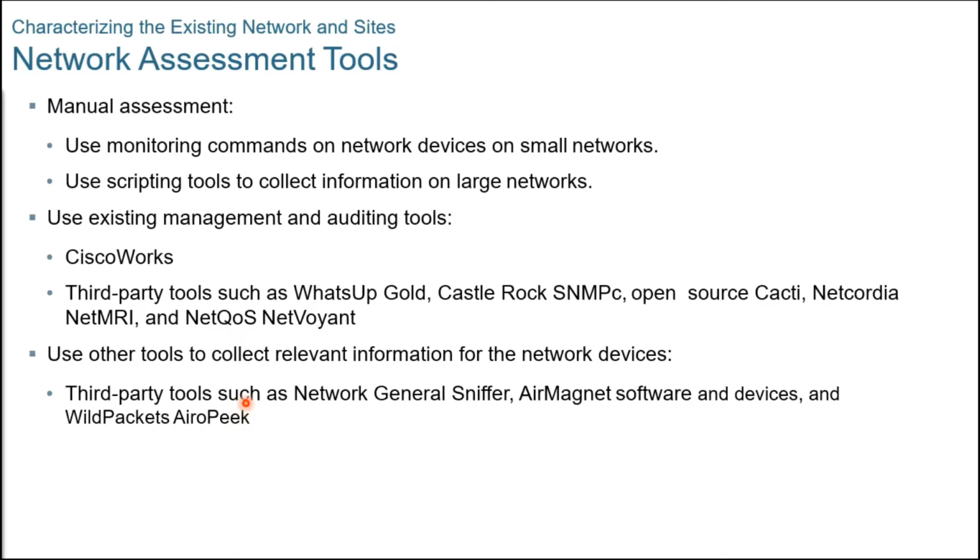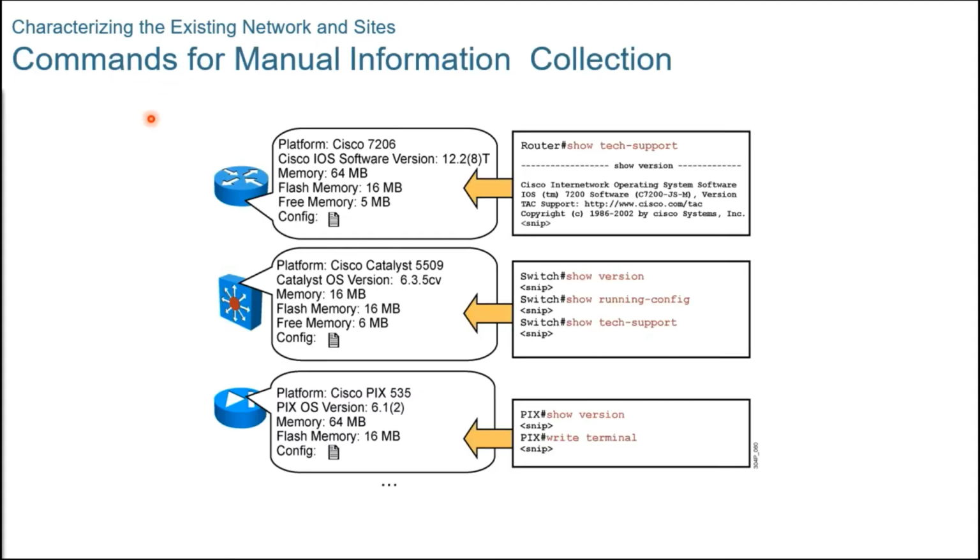You also have the Cognio Spectrum Expert, which is a spectrum analysis tool. You could also have laptop applications such as AiroPeek from WildPackets. So a lot of tools would be available for the network assessment.